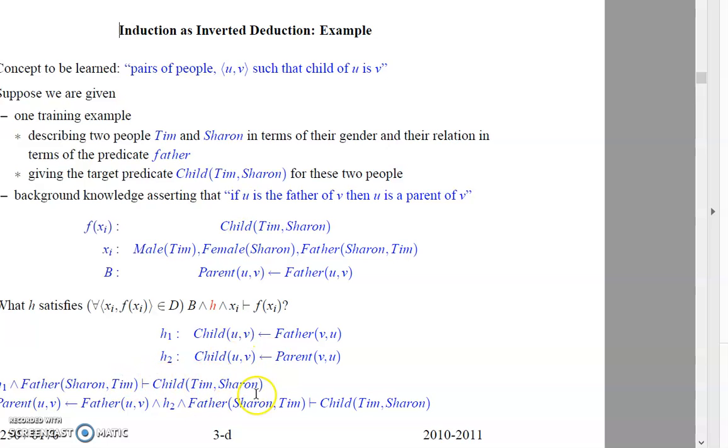Now what does H2 say? Our objective is to find the child. H2 says that if parent of v comma u, then child of u comma v. So now what I am doing is, if father of u comma v and H2, that is, if parent of u comma v, then child of u comma v, and father of Sharon comma Tim, this is my example, then I can say that child of Tim is Sharon.